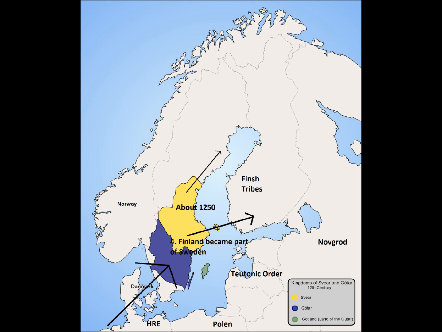You have the Teutonic Order who's starting to come around in the Baltics. And then you have Poland too. So Sweden, it's the weakest area to conquer, and of course you go for the weakest area, but probably also very, very densely populated, because not densely, the other way around, of course.